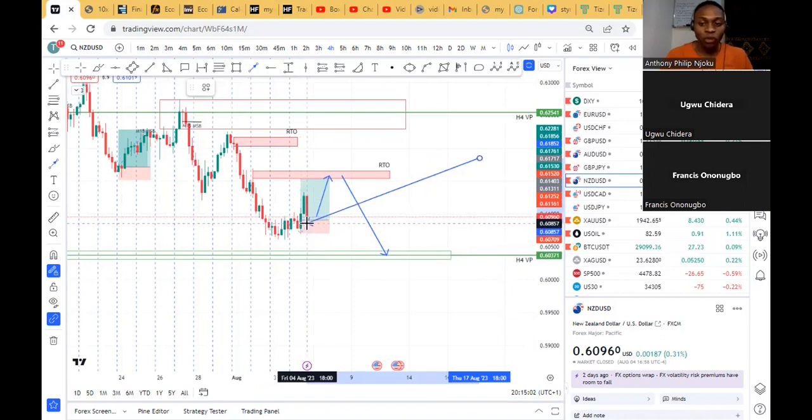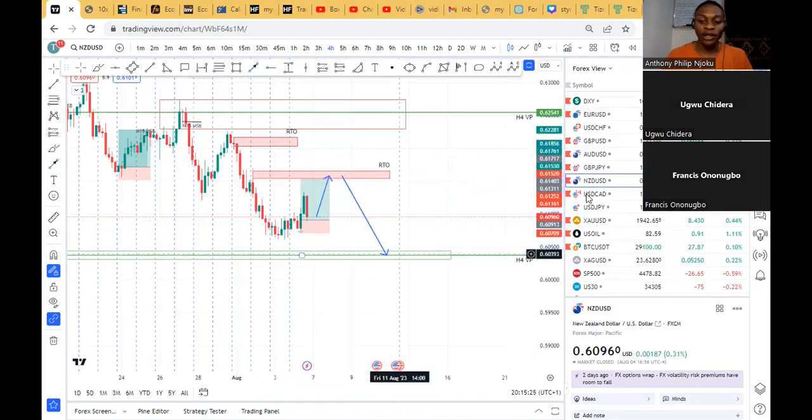I started looking for buy stops in most pairs, risky assets. All the pairs I was trading, I was just buying risky assets. So NZD-USD was one of those pairs. The same setup I see on AUD-USD, the same setup I see on NZD-USD. I'm expecting a push to the upside, come into here, and then complete the swing high, then the next swing low. That's what I see on NZD-USD.